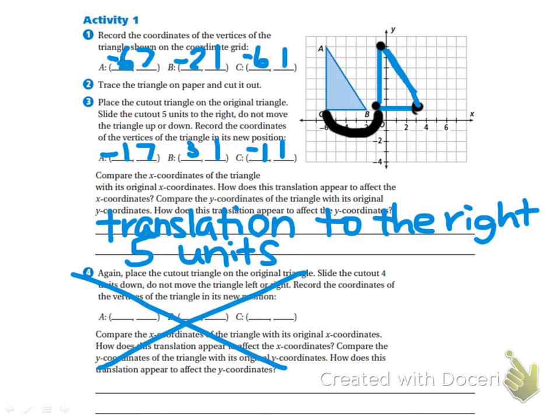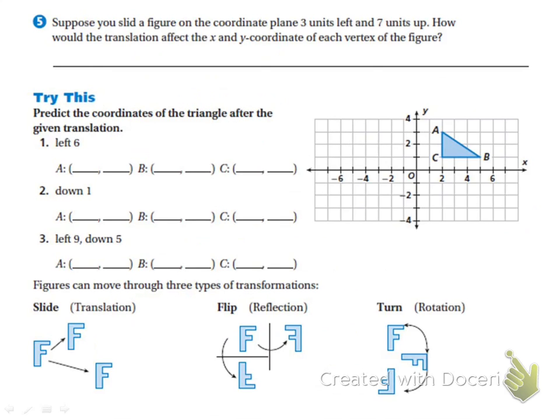Okay. Next, Jared, we're going to skip down to number 4. Okay, Jared, have a seat, please. Okay, suppose you slid a figure on the coordinate plane 3 units left and 7 units up. How would the translation affect it? So would it be positive or would it be negative? Positive.